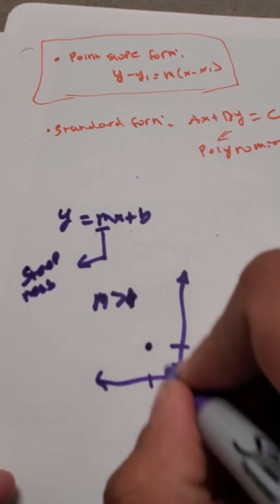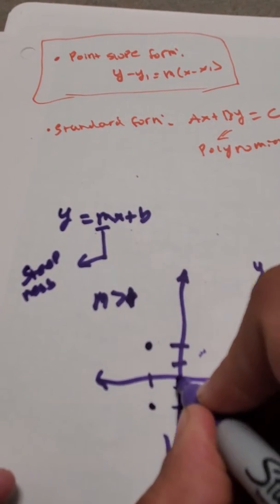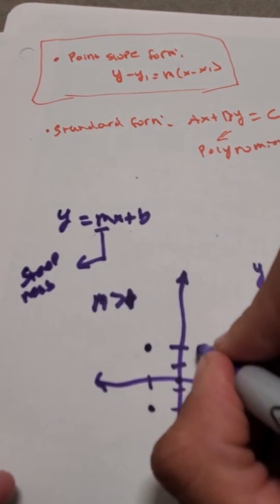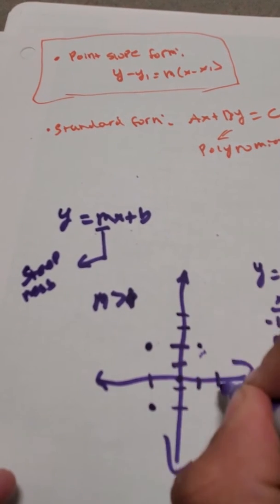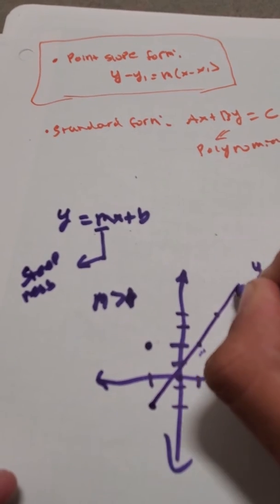Sorry, my bad, mistake there. That's -2, that's 0, 0, that's 1, 2, that's 2, 4. And we just draw the line.